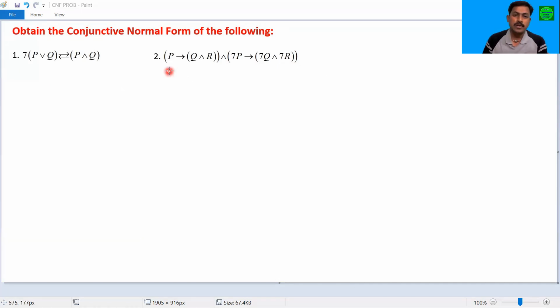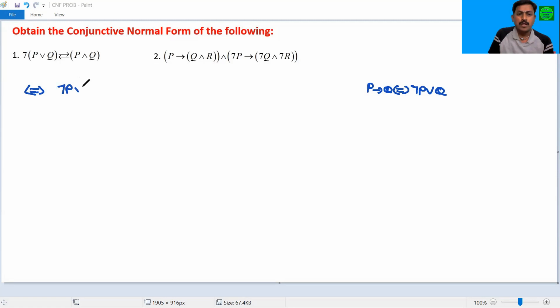Second problem: if P then Q and R, and if not P then not Q and not R. So using the first step, we are going to remove this conditional symbol. To remove the conditional symbol, we are going to use the formula P then Q equivalent to not P or Q. We are going to apply not P or Q and R, the first term.